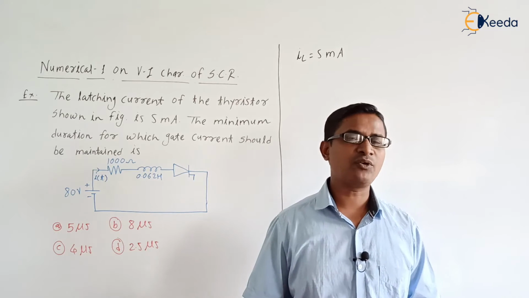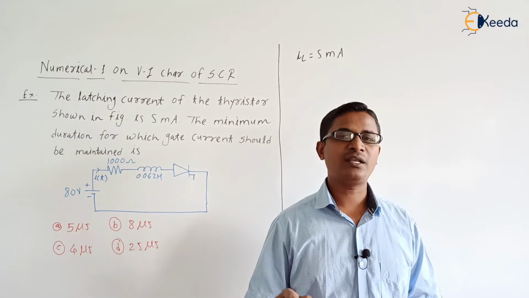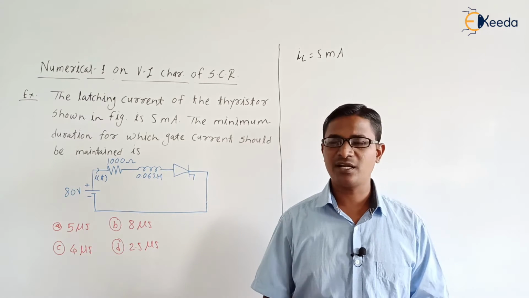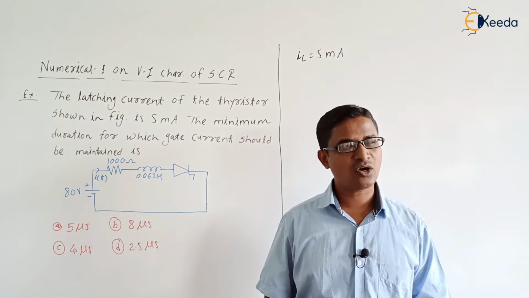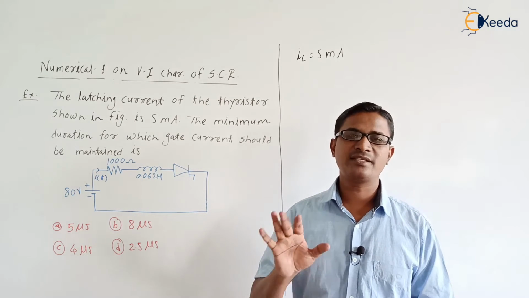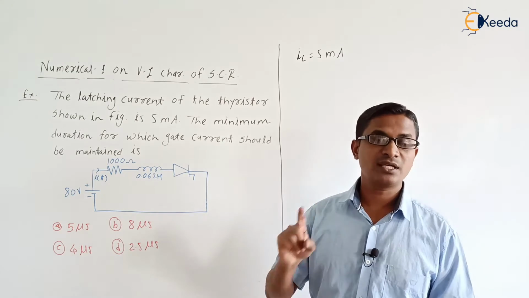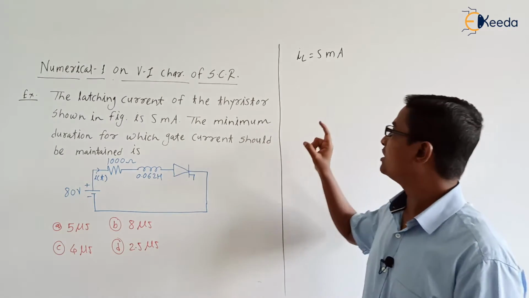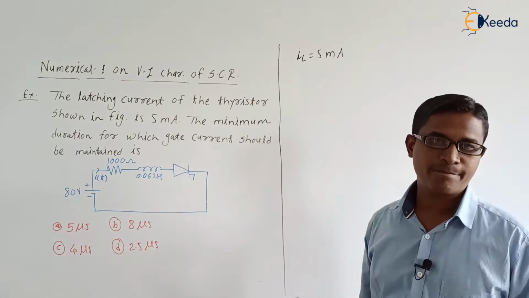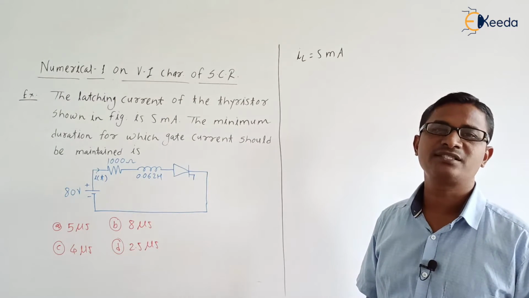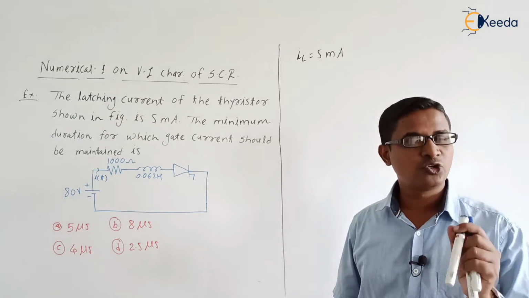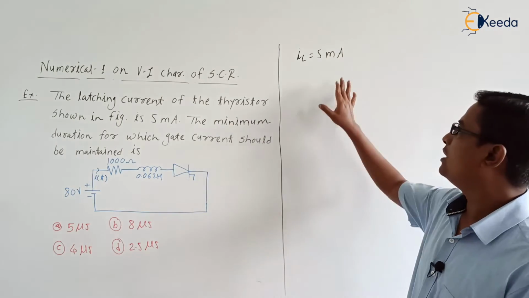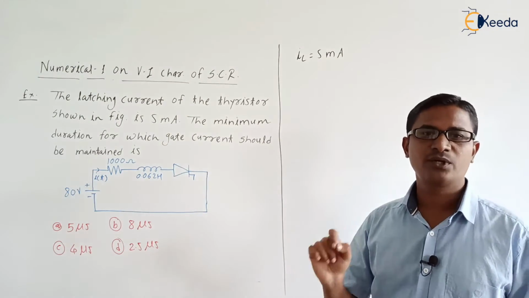It is the minimum anode current required to maintain the SCR in the on state immediately after the SCR is turned on using the gate signal and the gate signal has been removed. The important point is that at the instant of removal of the gate signal, the current flowing through the circuit should be equal to the latching current.